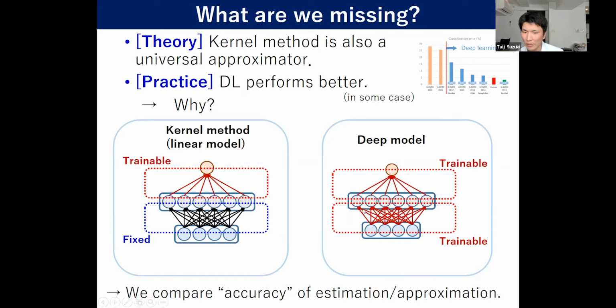One ingredient is that if you consider very wide neural networks, then gradient descent for deep neural networks is likely to find the global optimum. So that is one answer. Okay, thank you very much.